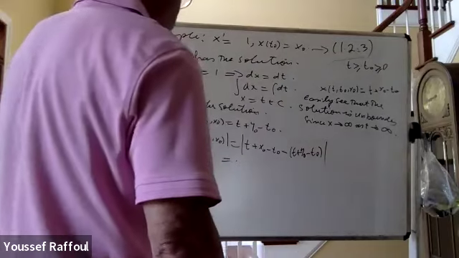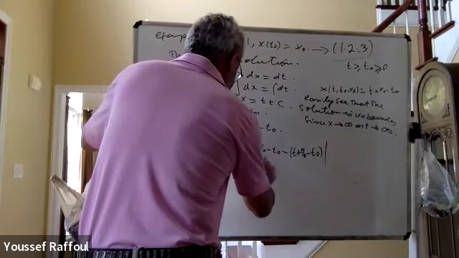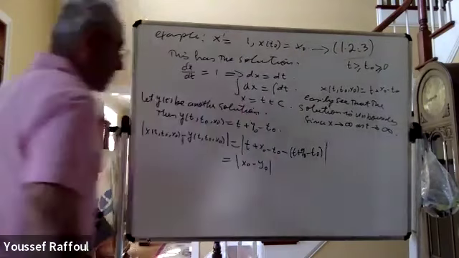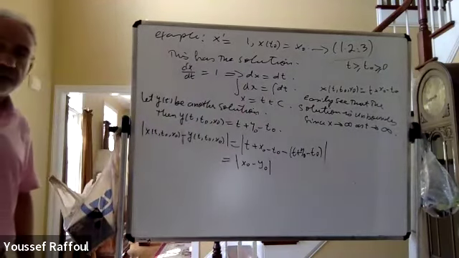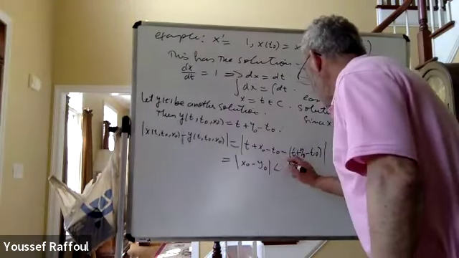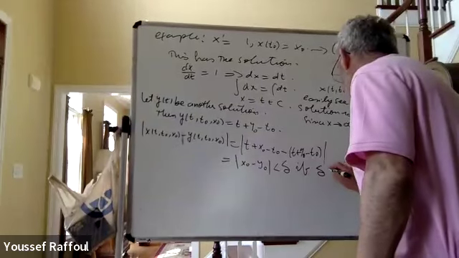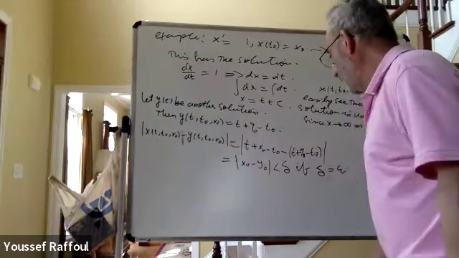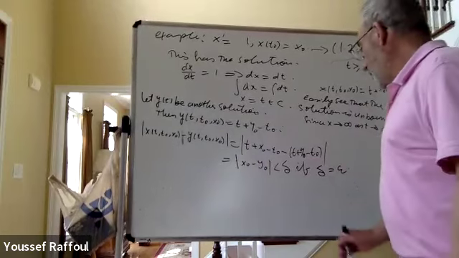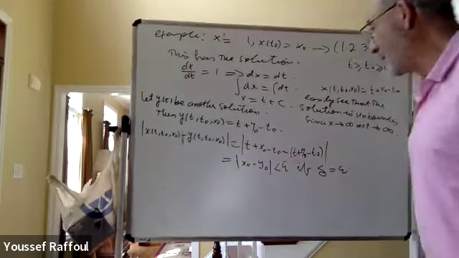So everything cancels except x naught minus y naught. You see that? And so this would be less than epsilon if delta is equal to epsilon.